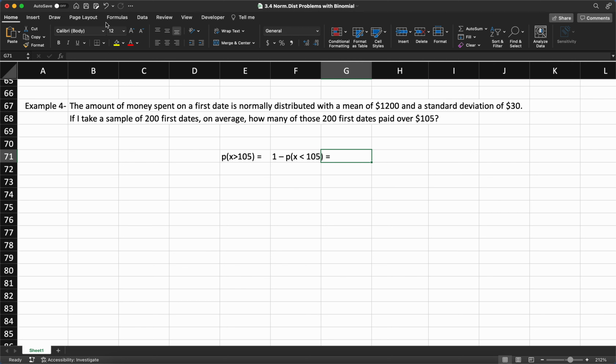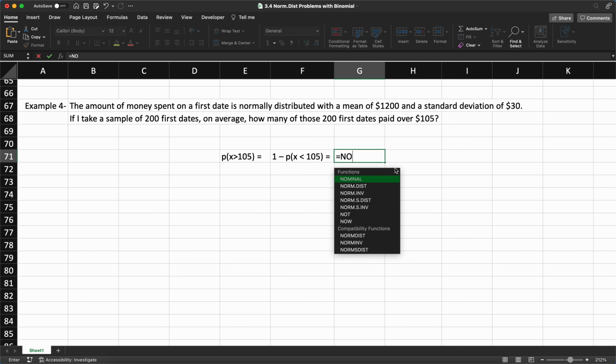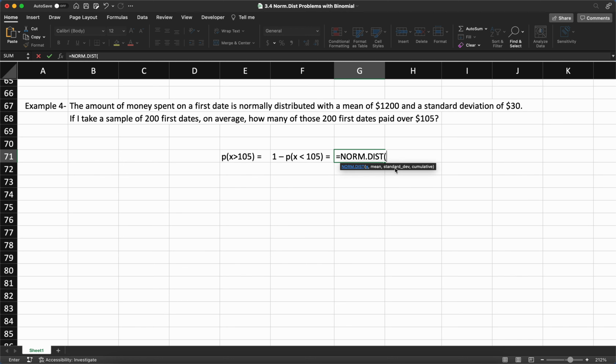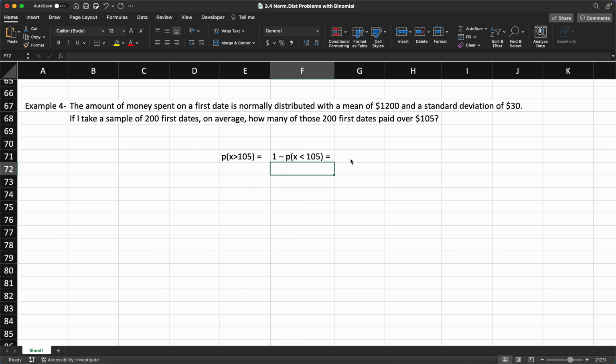And that is just a straight norm.dist. Let's actually spell it out before we do this. We have our x value. We have our mu. We have our sigma. And those are 105.